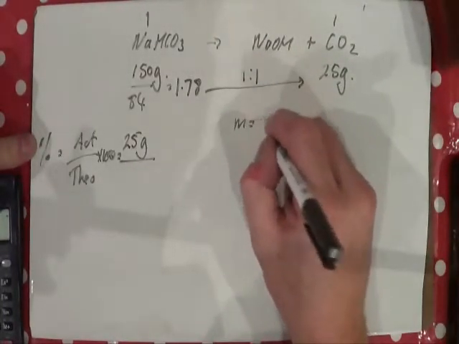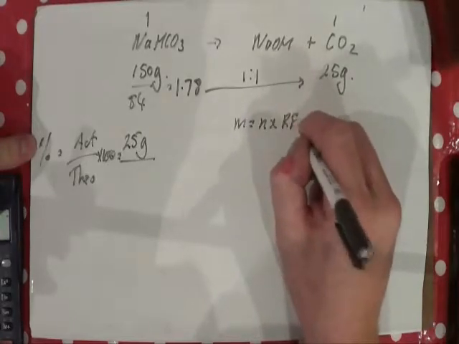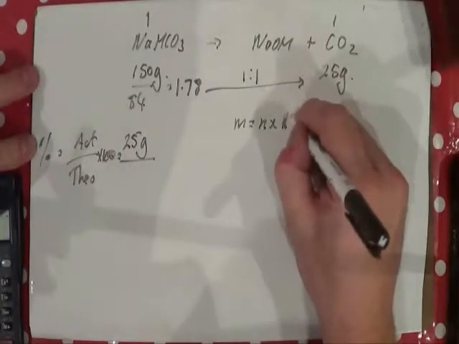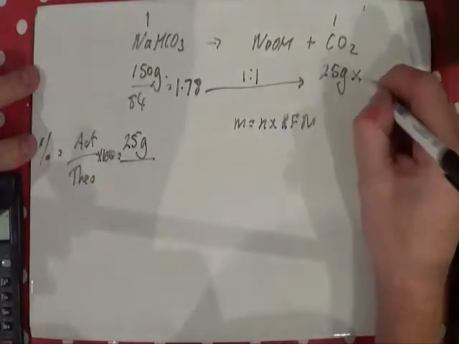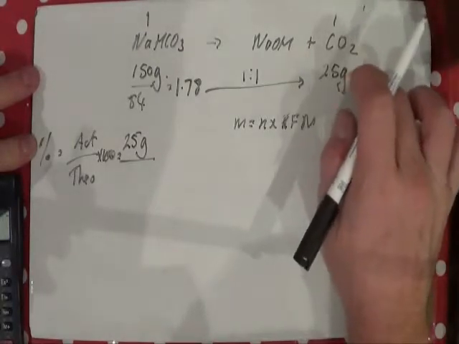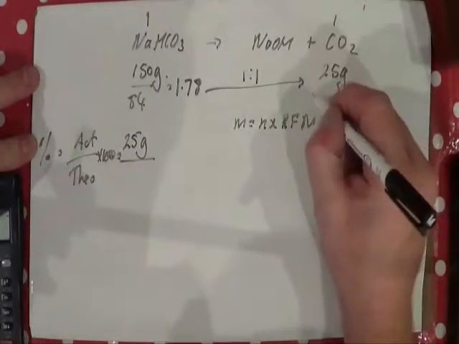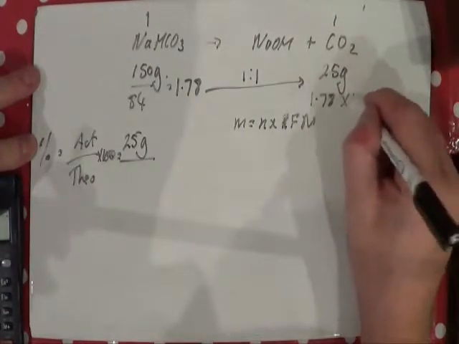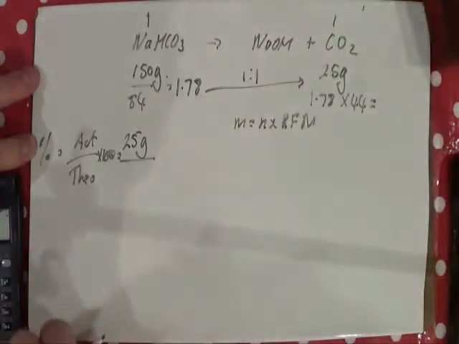Remember that mass equals moles multiplied by RFM. So therefore, number of moles is 1.78. The RFM of carbon dioxide is 44.